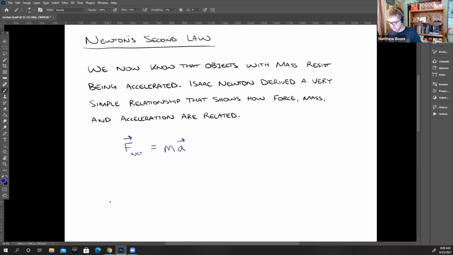It's very easy to memorize. Simply rearranging it gives us a way to find an acceleration: if we sum up all the forces and divide by the mass.